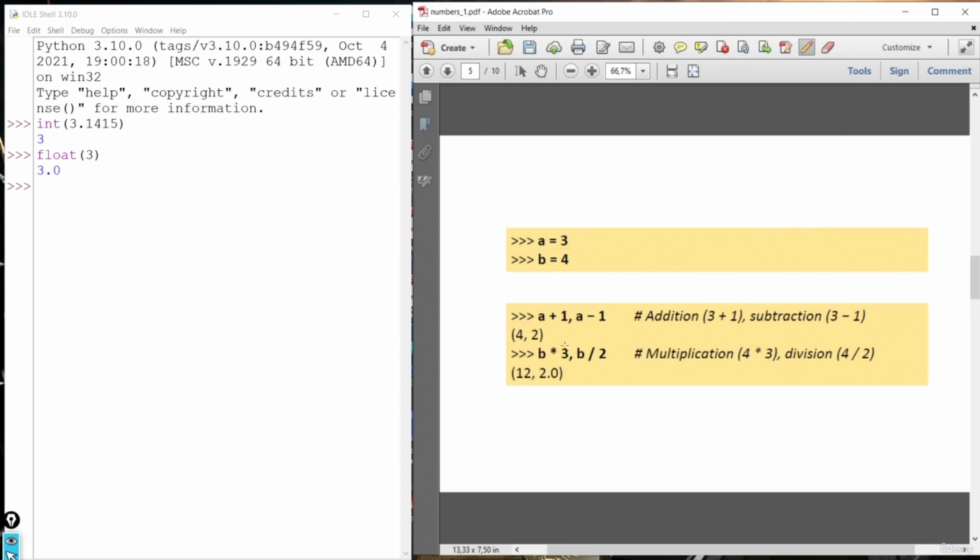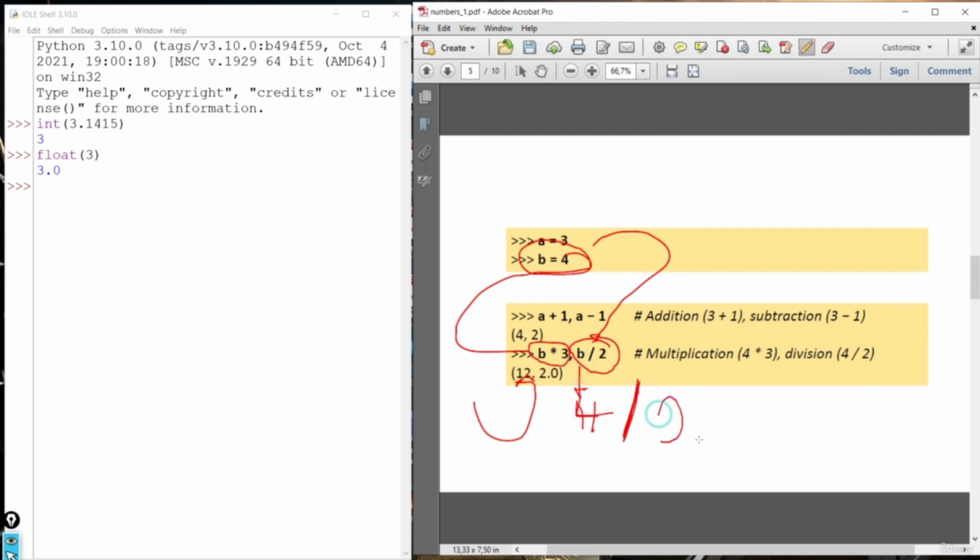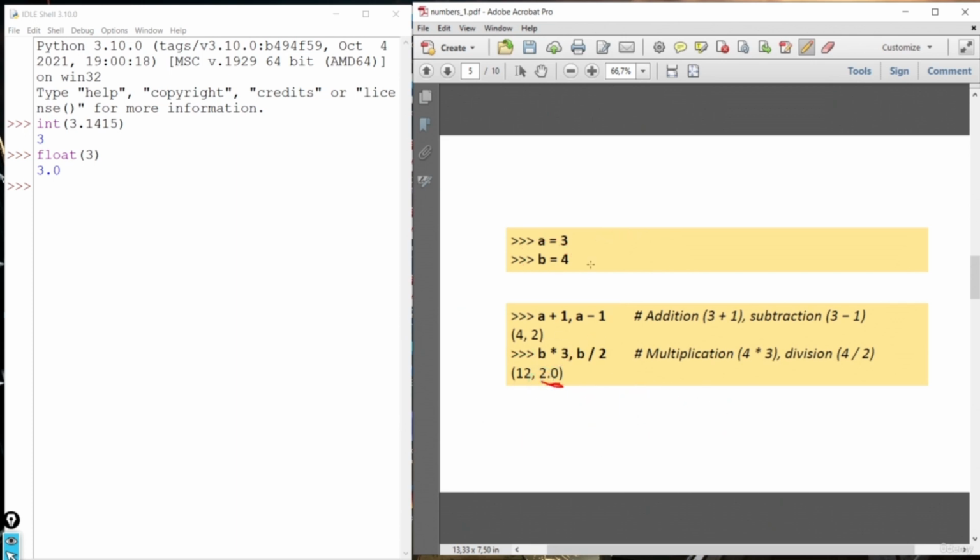Okay, here b is multiplied by 3. b is an integer, 3 is an integer, so the result is an integer, that is 12. And b divided by 2, b is an integer, this is division, classical division operator, but the result is floating point number.